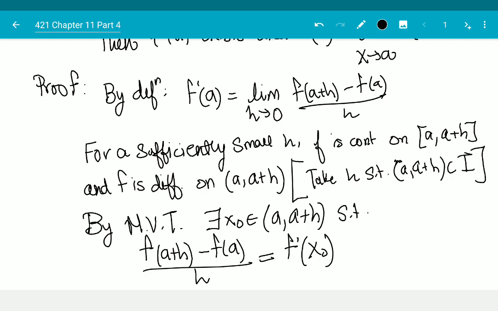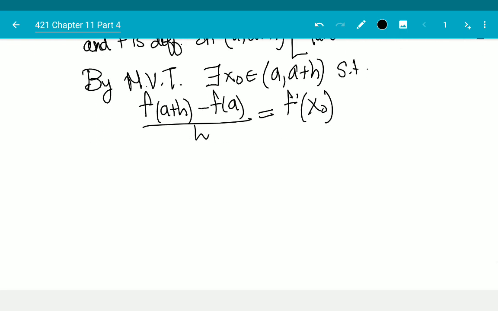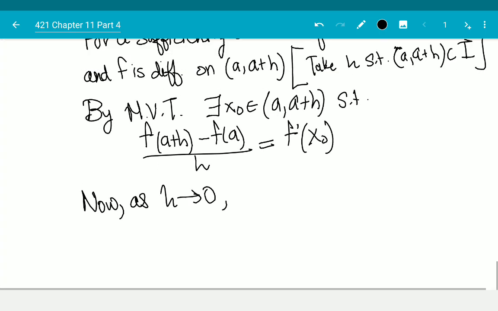That's my mean value theorem. Now, as h goes to 0, maybe I shouldn't have taken this as x naught.